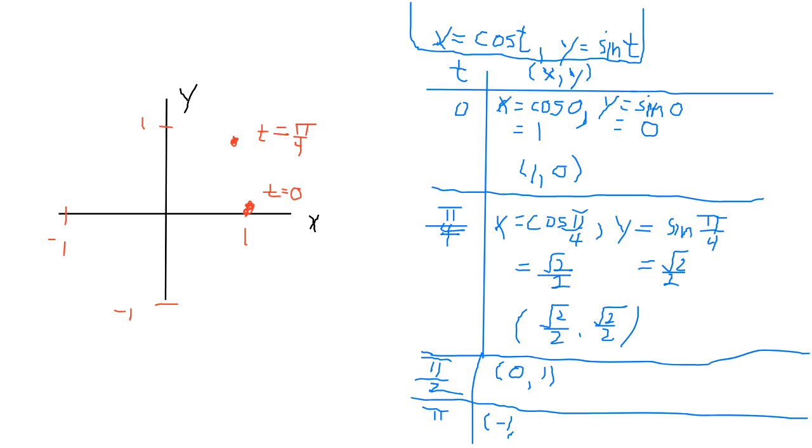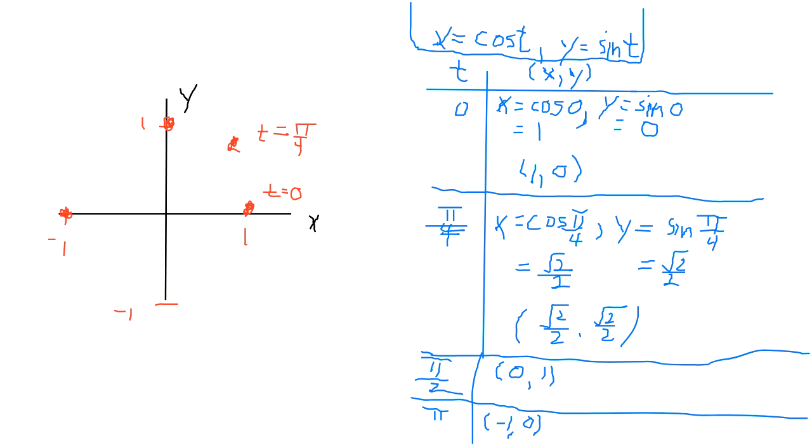And what's the sine of 180 degrees? 0. That's right, Lynn. That's right, Ian. And we could keep going. Let me go ahead and plot these last 2 points. Here's the 0, 1, right here. And here's the -1, 0.